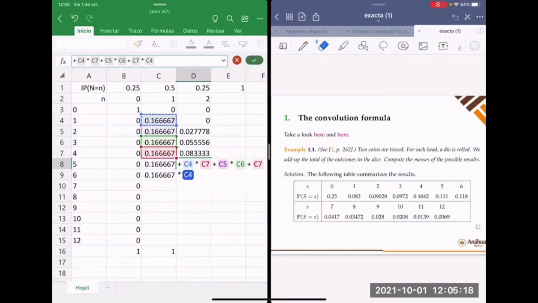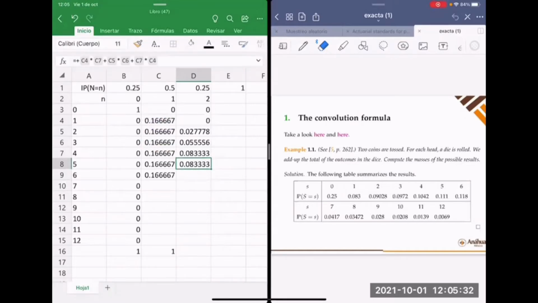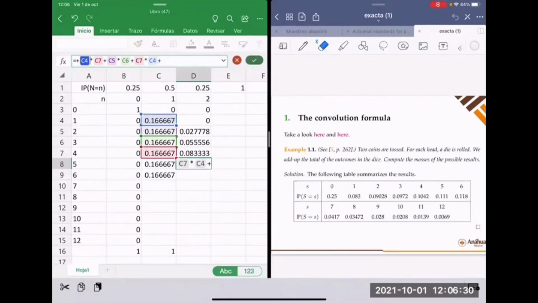So even when I'm using the same mass function for both dice, I am doing this. So this is the dance of the convolution formula. That's what I'm doing here. I'm dancing. Afterwards, we need to take 4 and 1, and also 3 and 2. Yeah, 3 and 2. That's it.